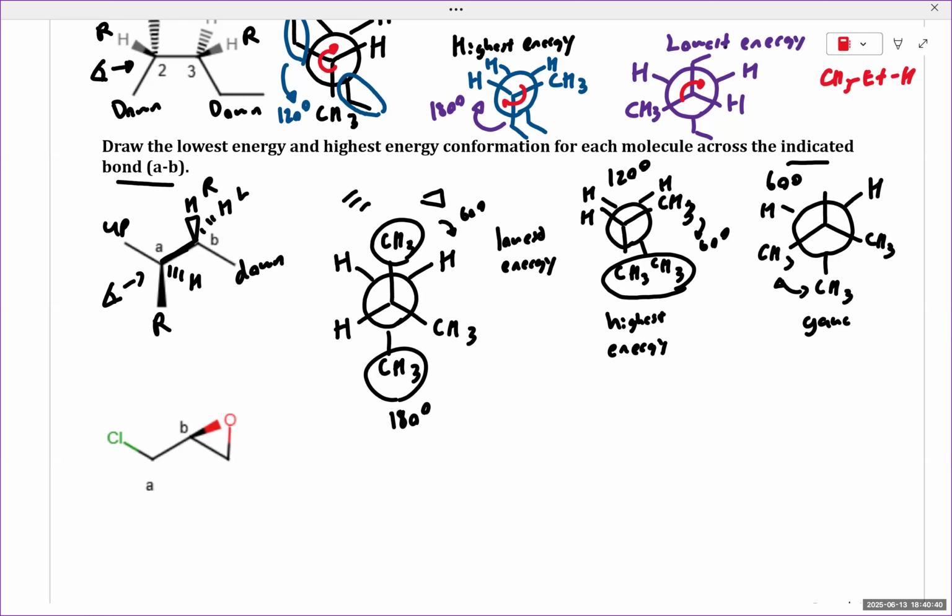The reason why it's higher in energy than the previously noted anti-conformation stems from the fact that we have two methyl-methyl Gauche interactions instead of one.